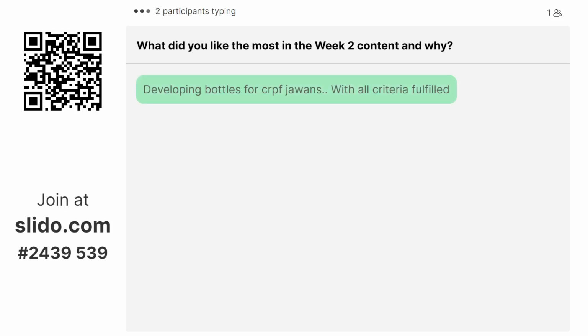And then we had a detailed case study on the CRPF water bottle, wherein they had different scenarios, different challenges, and interesting insights coming from the CRPF team when they were meeting with the design team. And it all began with the socio-cultural aspect of why the candles did not work in a particular context of Varanasi villages. So many things have been touched upon in this week two content.